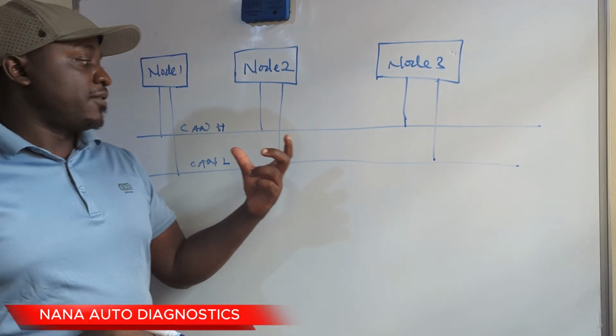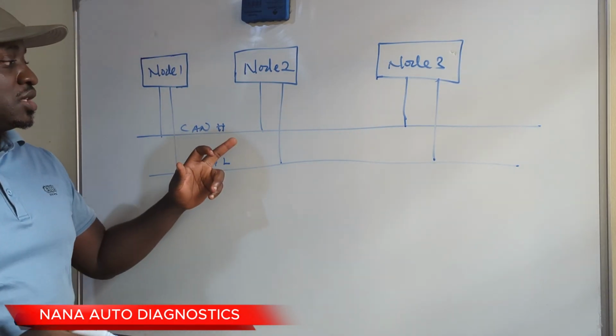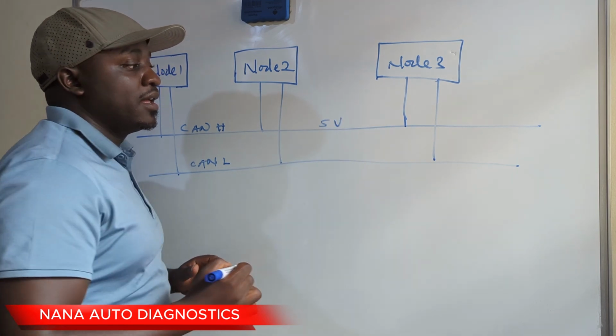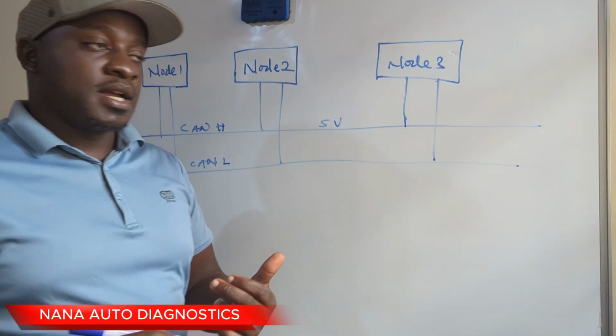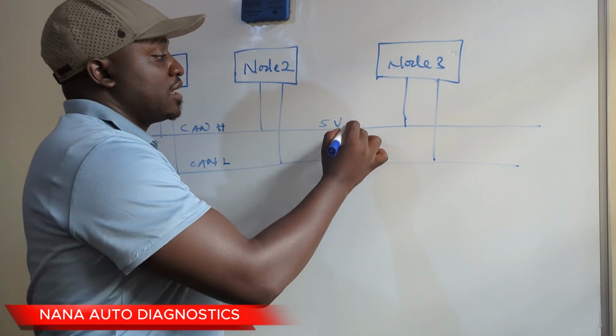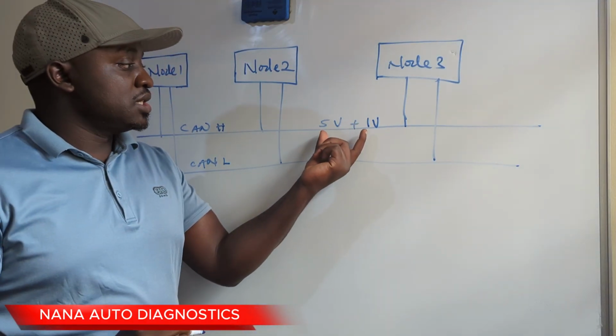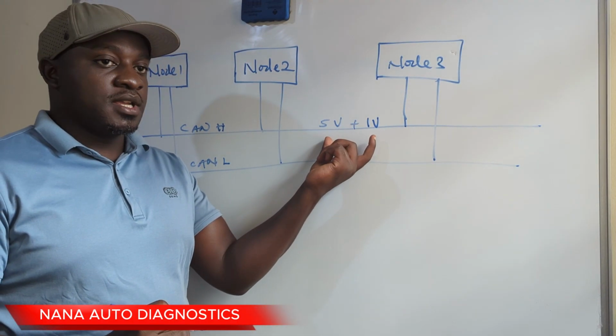In other words, if we have a voltage, let me say we are transmitting a 5-volt signal here, and we encounter noise, let me say of 1 volt, it will raise this voltage to 6 volts.